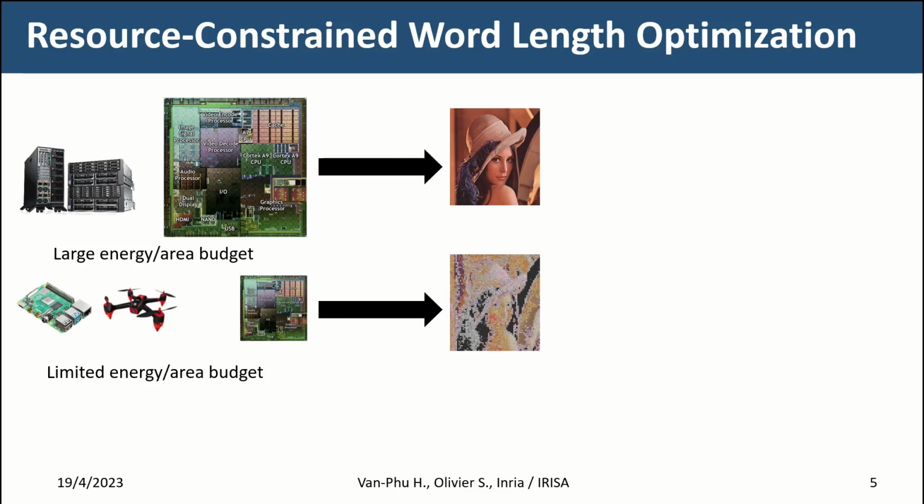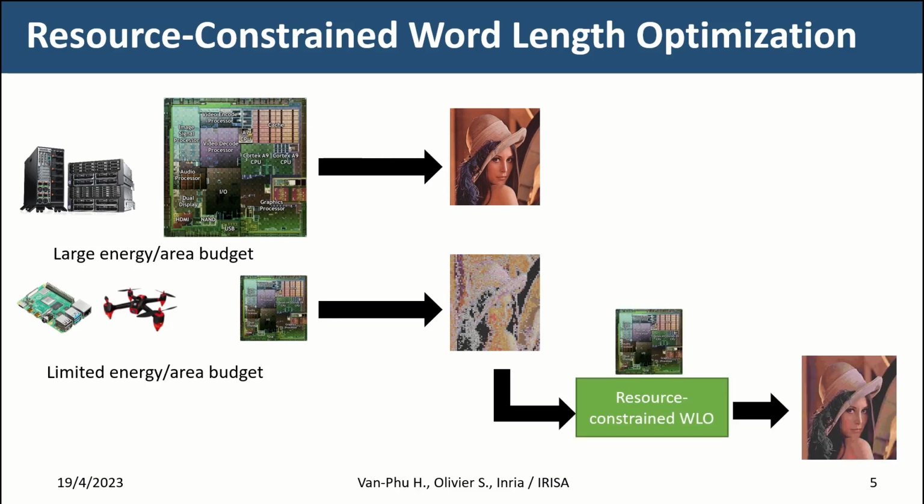So the question here is, can we improve the performance on resource-constrained devices by applying resource-constrained word length optimization? If we can do that, this is a big deal, because it allows us to maximize the computing accuracy on resource-constrained architecture, unlocking many possibilities for high-performance computing.